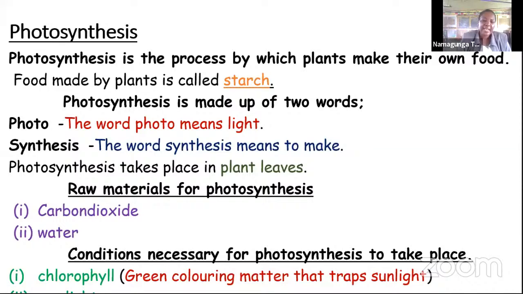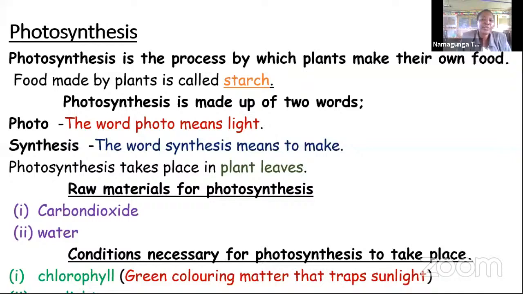So here, the raw materials and the conditions, when they come together during the process of photosynthesis, starch is formed. That's why I'm saying that food made by plants is called starch.